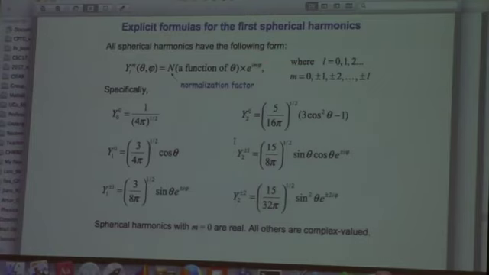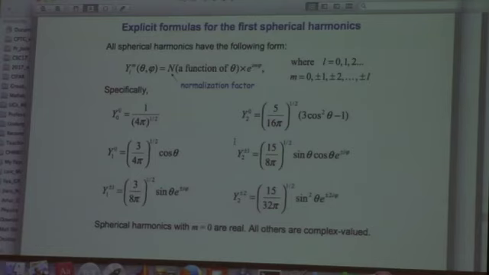And these Y functions are the corresponding functions of theta, the second angle. That's the equation that I didn't go into in detail, but these are solutions. They are well known, tabulated, and accessible in the literature.